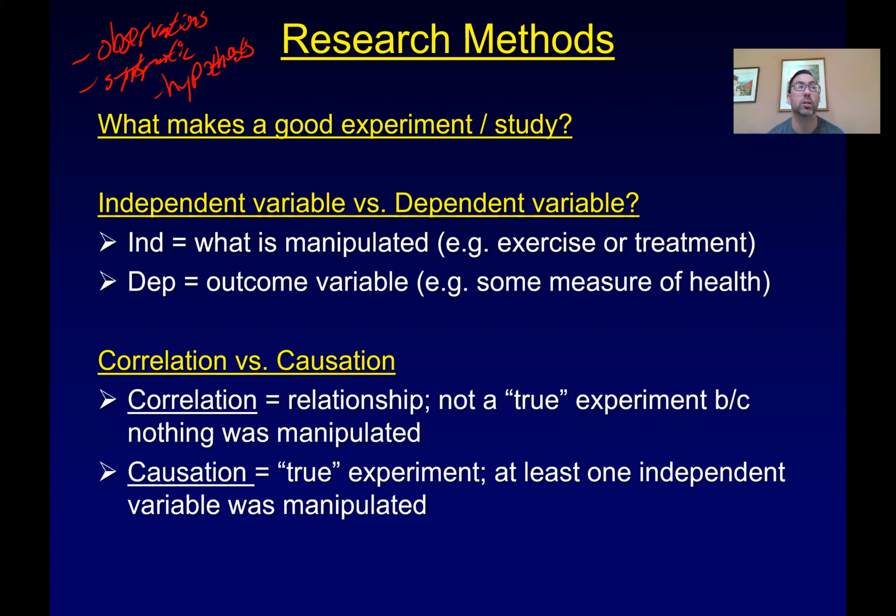And I think that's one of the biggest things that I want you guys to take away from all of this: there are some things that we need to do to make a research study better than a different one. And this is one of the reasons why I feel like in some instances the popular press does a really bad job of lumping all things together.